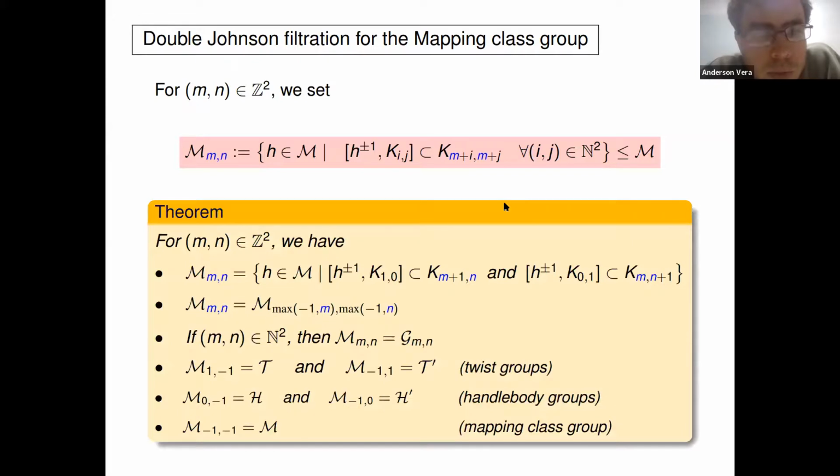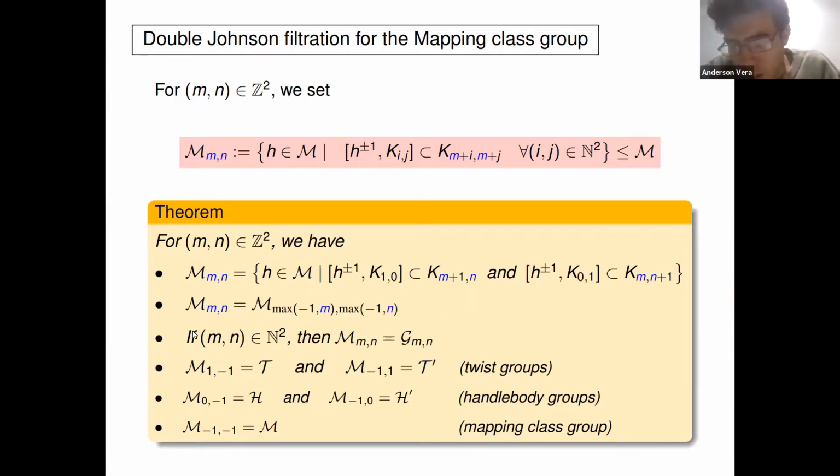As in the case of the double filtration for the Goeritz group, we only need 4 conditions. We need the 2 base steps, K10 and K01, but we also need to add the conditions for the inverses. The second property is that this filtration becomes interesting only for integers greater than or equal to -1.